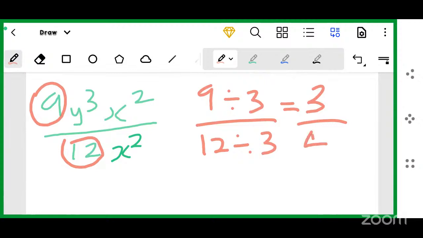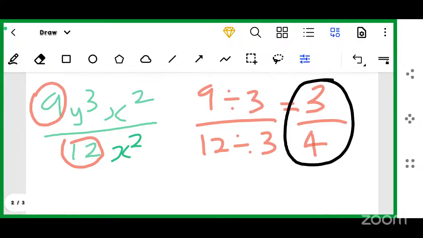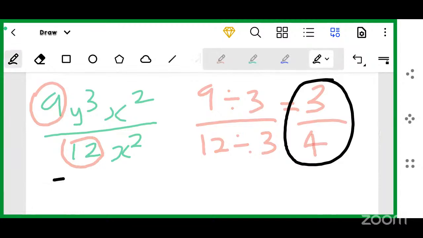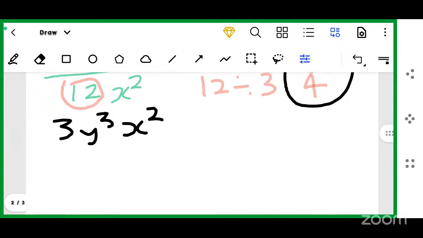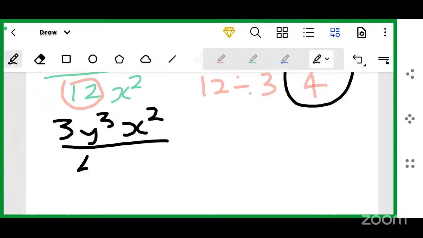So now you're going to go down with your answer using the 3 over 4. So it's going to be 3y to the power of 3, x to the power of 2 over 4x to the power of 2. So that's going to be your final answer.